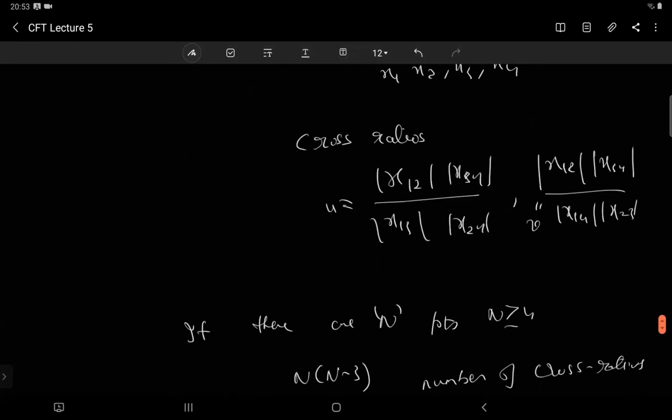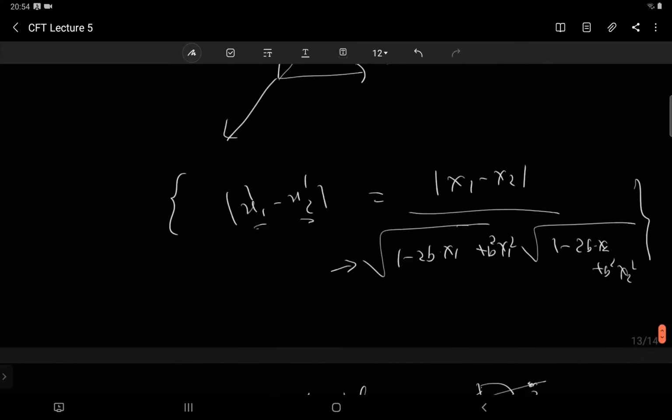In the denominator you also have x1 x3 and x2 x4, so there you get the same factors. Those factors will cancel, and that's why they are invariant. You understand? So if you can show this result, that result follows. So conformal invariant means what is invariant under conformal transformation.